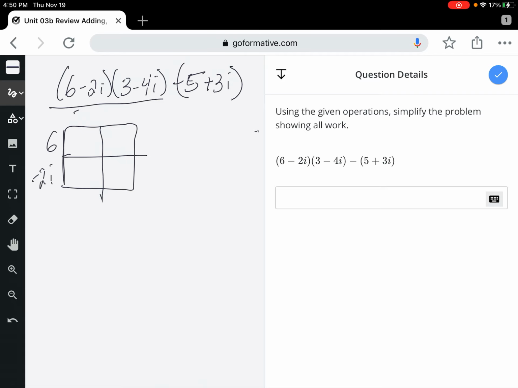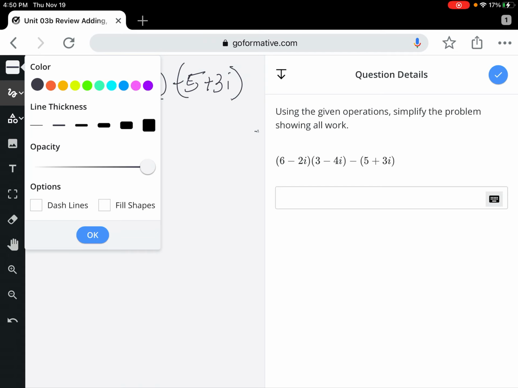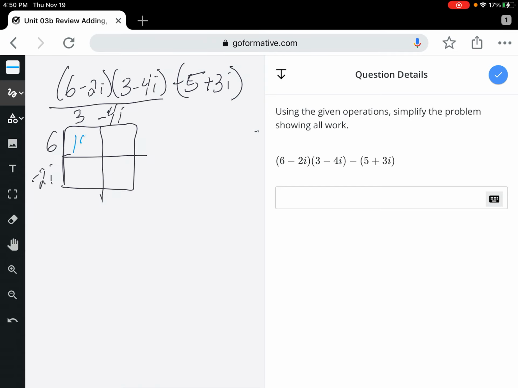So 6 minus 2i, 3 minus 4i. 18, negative 24i, negative 6i, 8i squared.